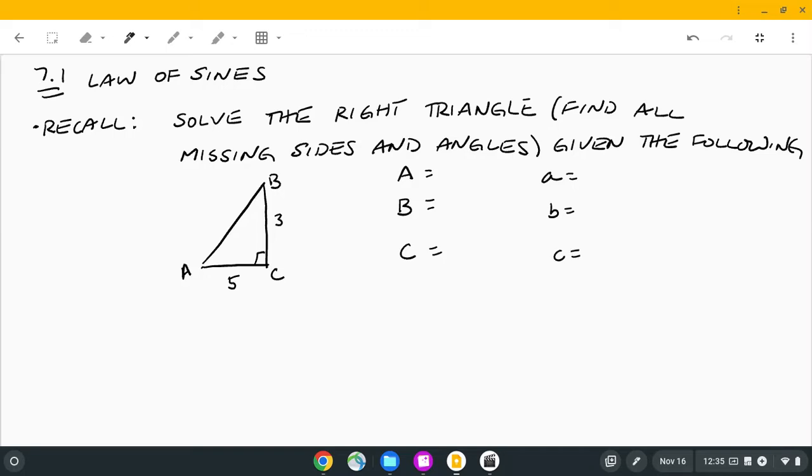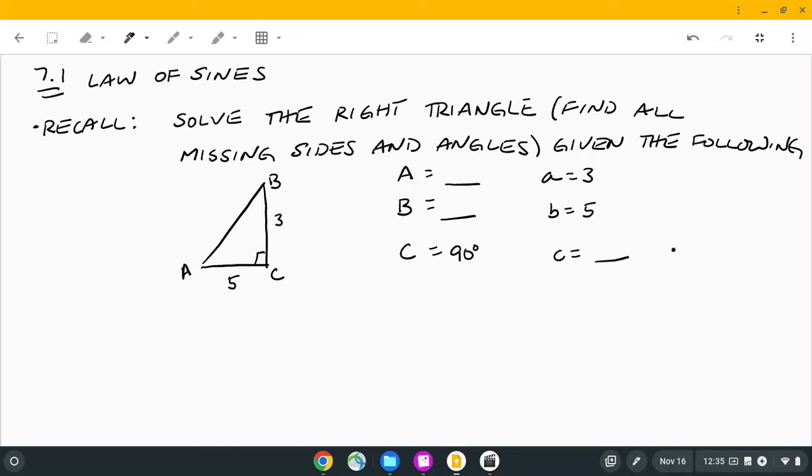We already know that angle C is 90 degrees, little b is 5, and little a is 3. So we would need to find angle A, angle B, and side c.